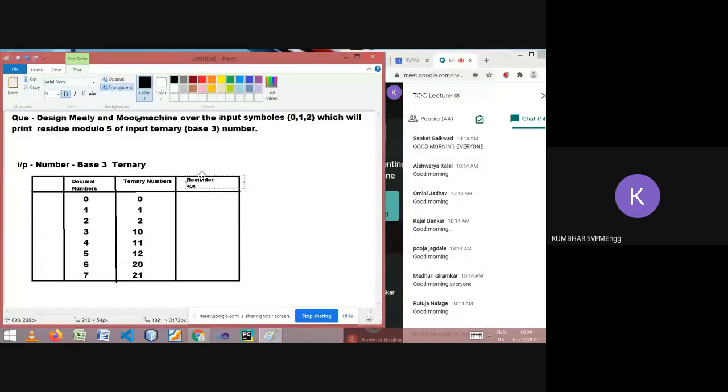So we want mod 5 because we expect to design the Moore and Mealy machine which will print the residue modulo 5 of a given input number. So if the given input number is 0, what will be the remainder if we divide 0 by 5? 0. Correct. If we divide 1, sorry, let me increase the font.